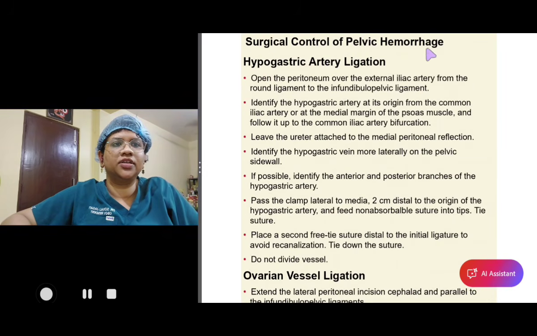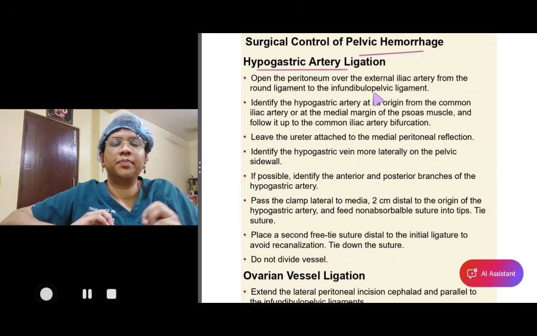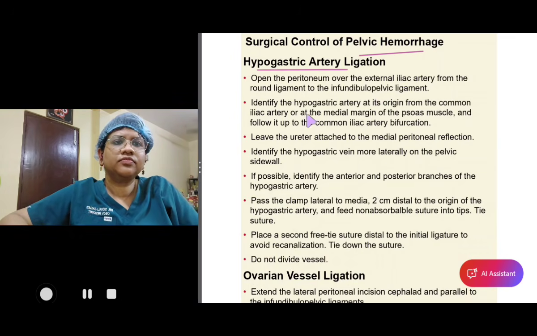These are the steps which are given in the surgical control of pelvic hemorrhage. This is again from T-lens. So hypogastric artery ligation. Once the peritoneum over the external iliac artery from the round ligament to the infundibulopelvic ligament is opened, you are opening the posterior peritoneum and you are going to reflect it.